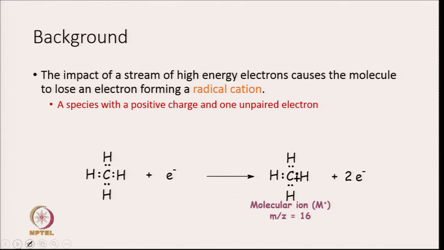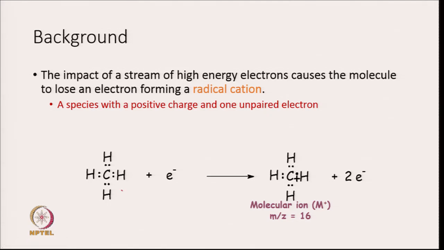The impact of a stream of high energy electrons causes the molecule to lose an electron, forming a radical cation. So, when high energy electrons are bombarded on a molecule, it loses an electron and forms a radical cation. A radical cation is a species with a positive charge and one unpaired electron.